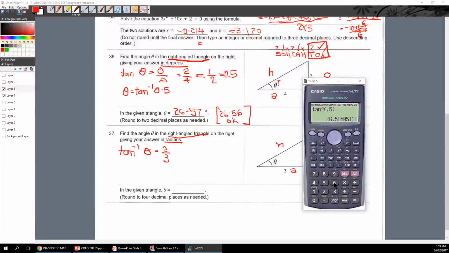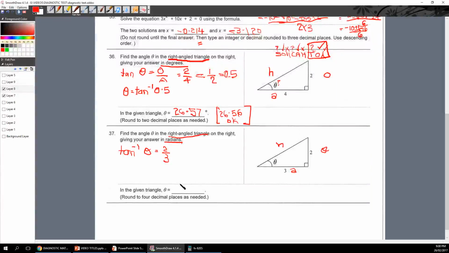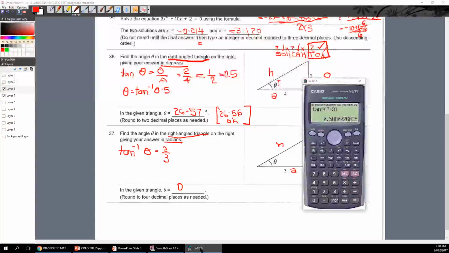I can see up there that radians is highlighted. Then shift tan to the -1, it puts in a bracket, 2 divided by 3, close the brackets, equals, and that gives us 0.588.